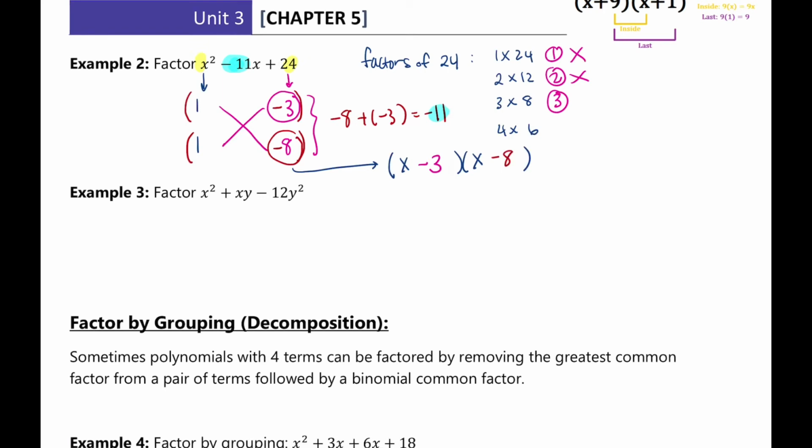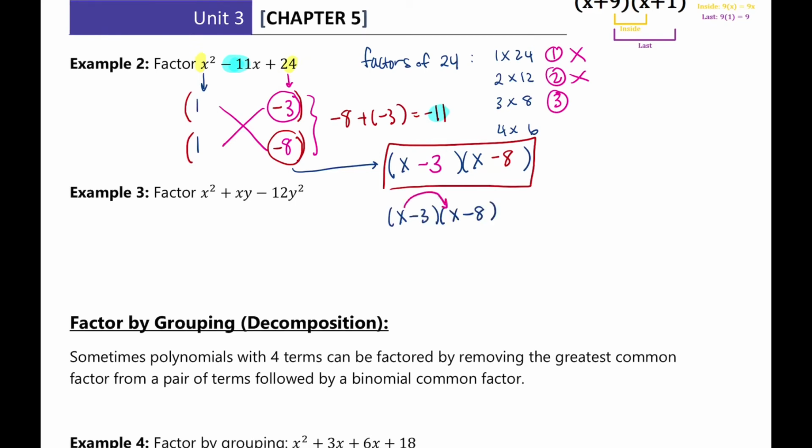So the factor of x squared minus 11x plus 24 equals x minus 3 times x minus 8. And we can double check by using the distributive property. So let's try this again. x minus 3 times x minus 8.